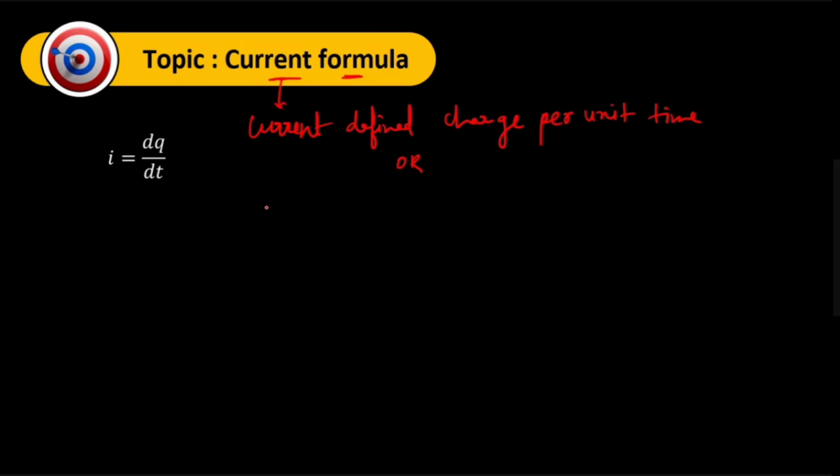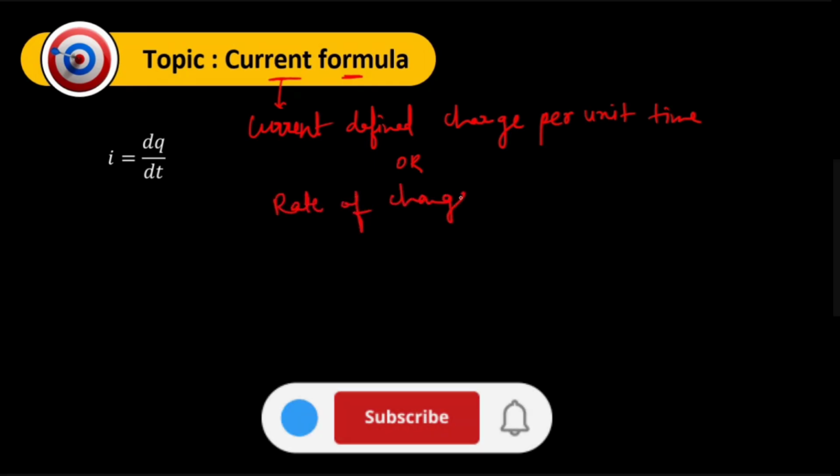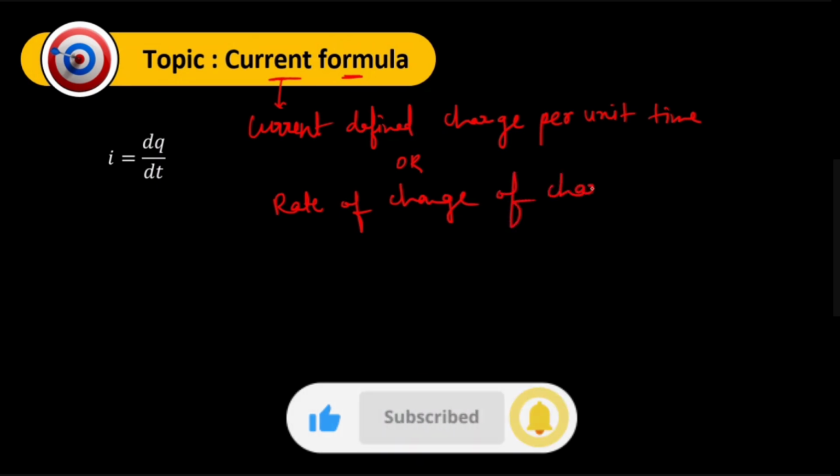Let's start from the very basic thing: what is current? So current is basically defined as charge per unit time, or we can call current the rate of change of charge.